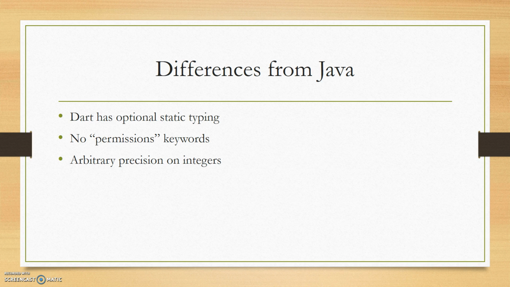There's no permissions keywords. Like we saw in the previous example, the underscore is used to keep it private to that library/program, and there's no public, private, or protected keywords in Dart.